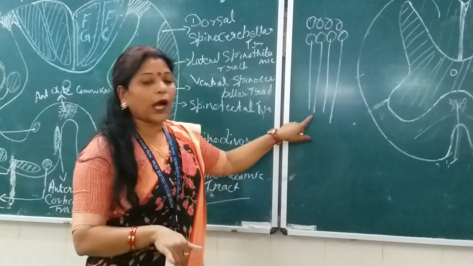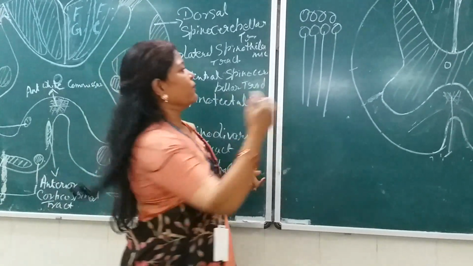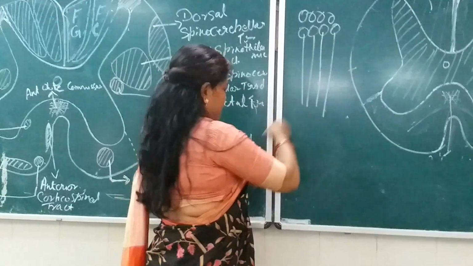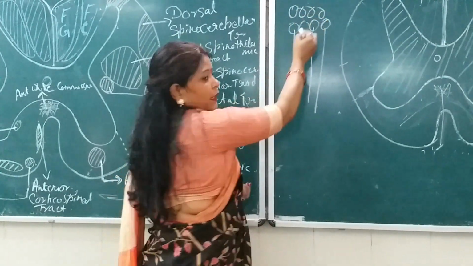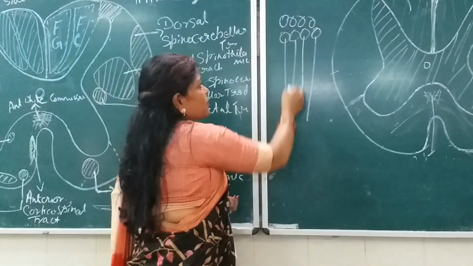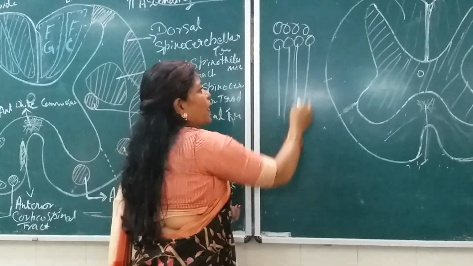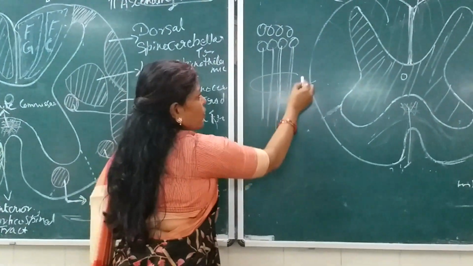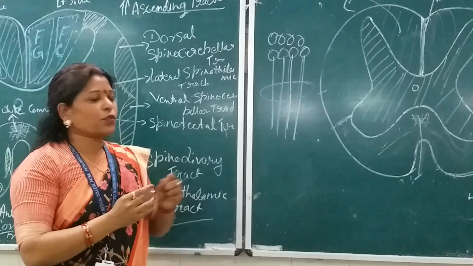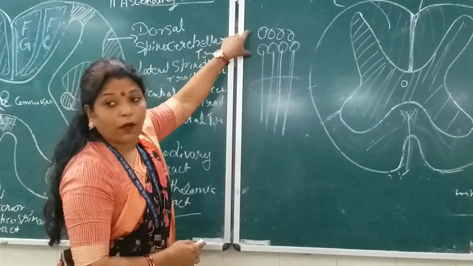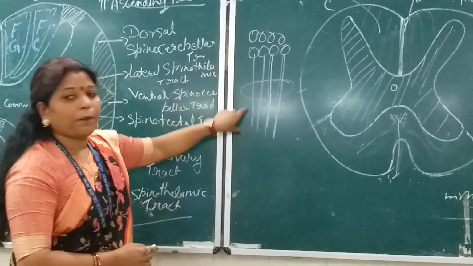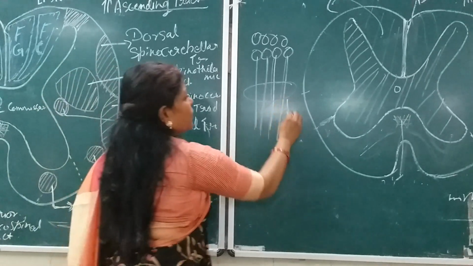How is the tract formed? It is formed by the axons. There is a group of neurons sitting over here, and the axons of these neurons form a bundle. All the axons coming from the common neurons form a bundle, and that bundle is known as the tract.